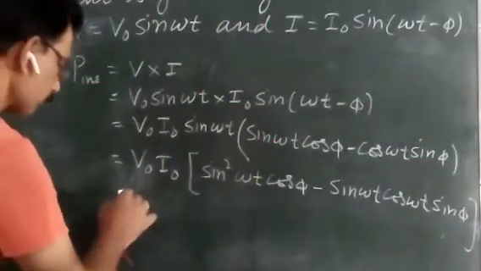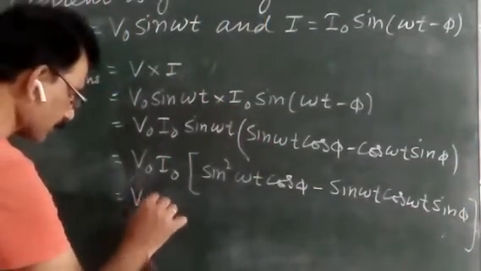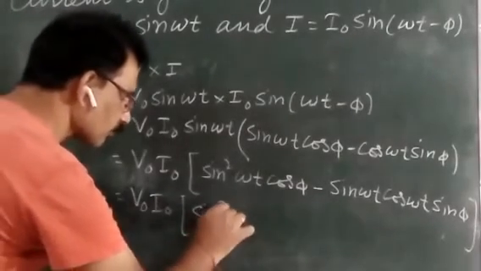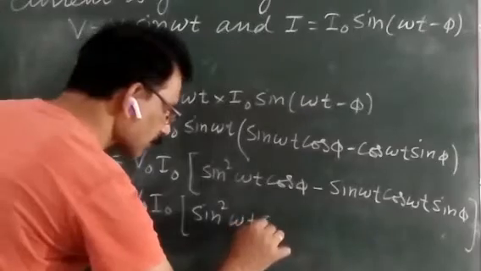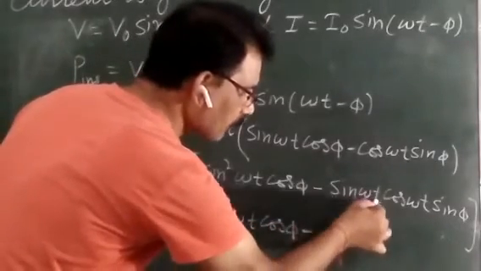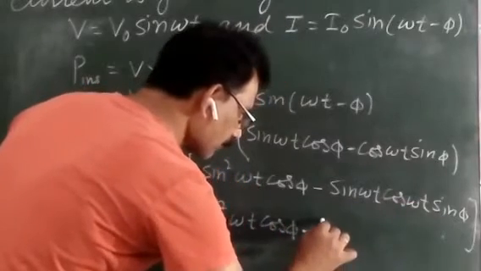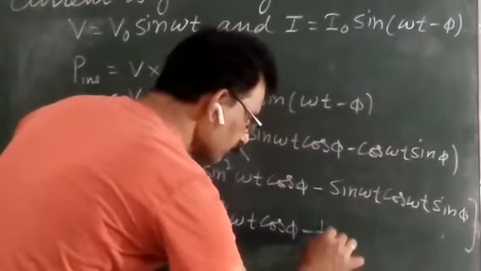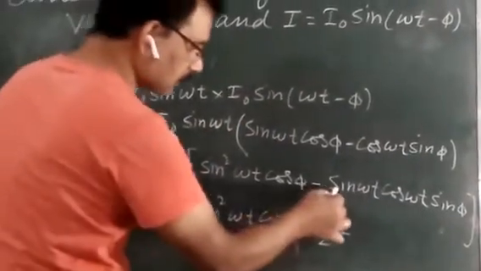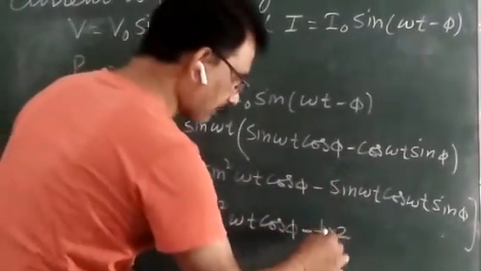And one more step here, we can write V naught I naught, sin square omega t cos phi minus sin omega t cos omega t, divide by 2 and multiply by 2.